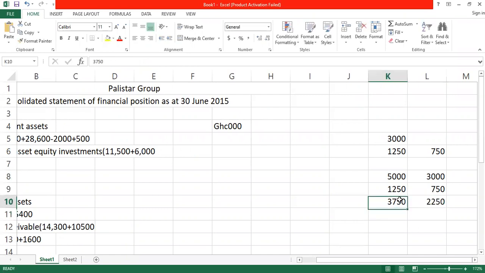It means that in the PPE, you are having the asset as 3,750, which should have been 2,250. It means that you are overpricing the asset by 1,500. So what you do is that you are going to subtract the 1,500 from the PPE, which is the same as having negative 2,000 plus 500, which is minus 1,500. They are all the same. Anyhow you do it, they are all the same. Let's move on.